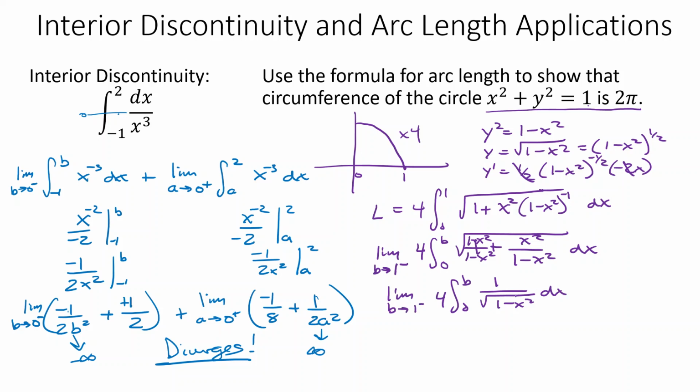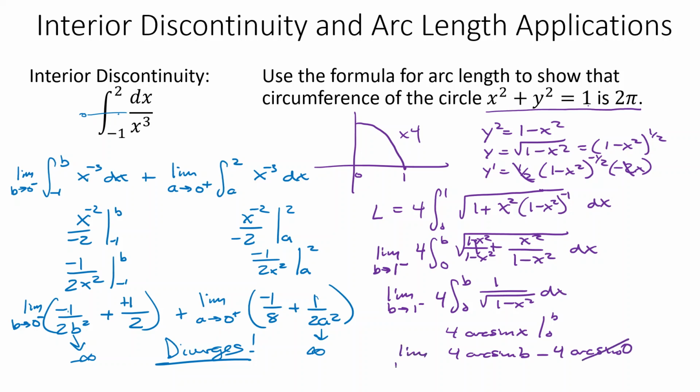All right, this should look familiar. This is arc sine. So we get 4 times the arc sine of x from 0 to b. So we get 4 arc sine of b minus 4 arc sine of 0, which is 0. So that goes away.